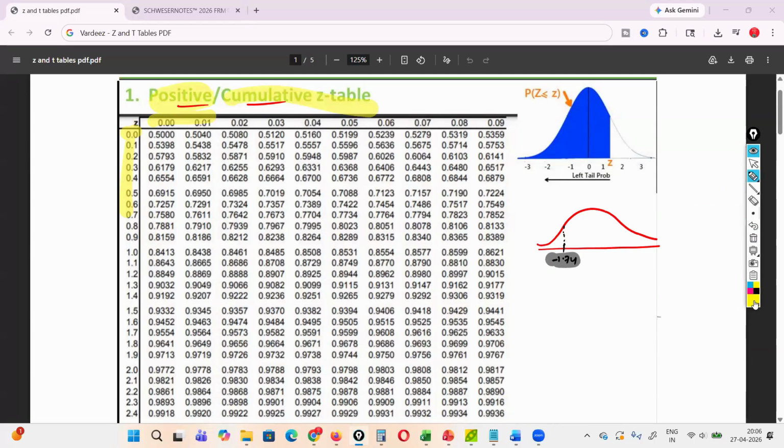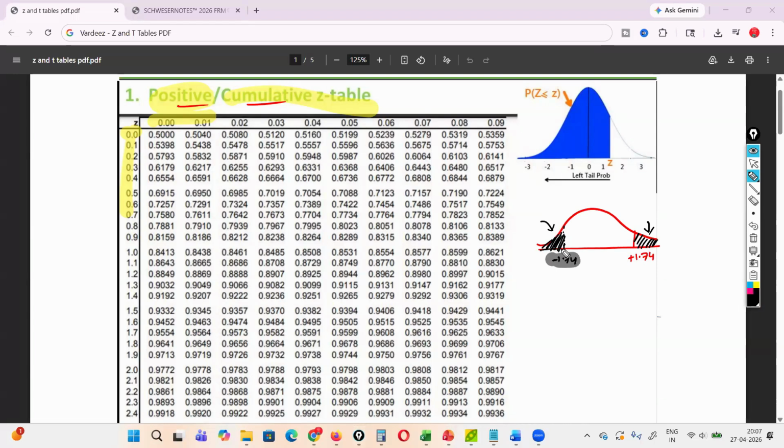Now, essentially what you do is you go ahead and you try to find the positive 1.74 in this example. Okay. So essentially how it's going to look like is this. If you take this much area, this resembles the area to this positive side.